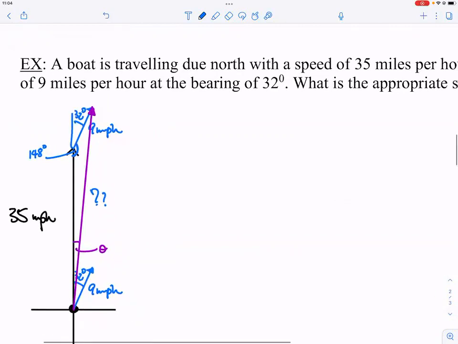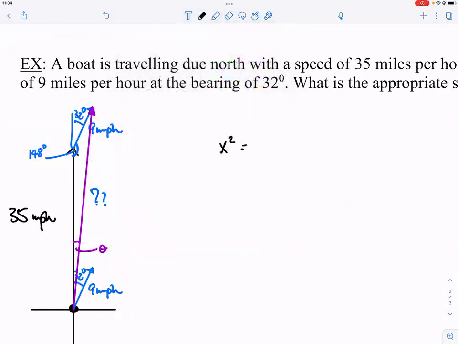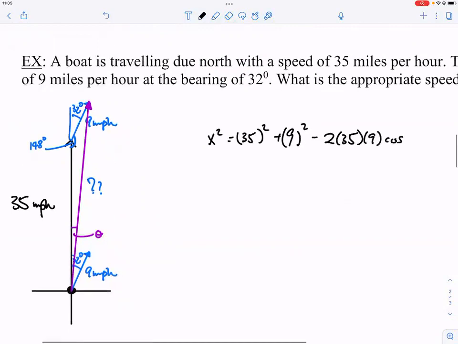So if I want to find out what the overall vector is, we can just do x squared equal to 35 squared plus 9 squared minus 2 times 35 times 9 cosine of 148 degrees.